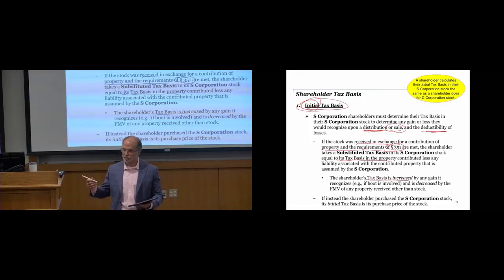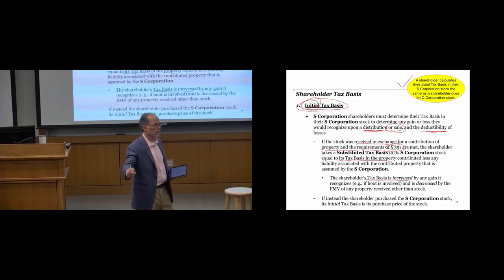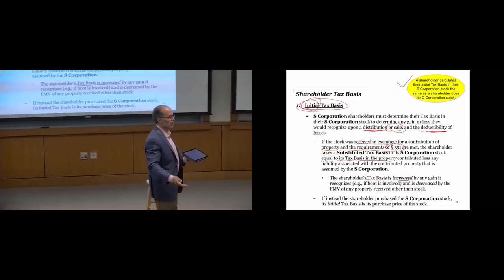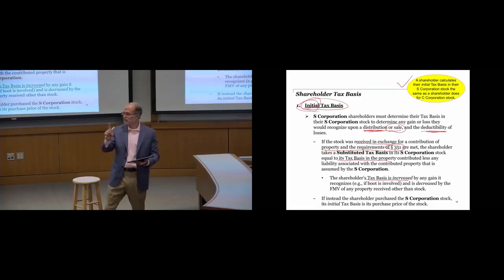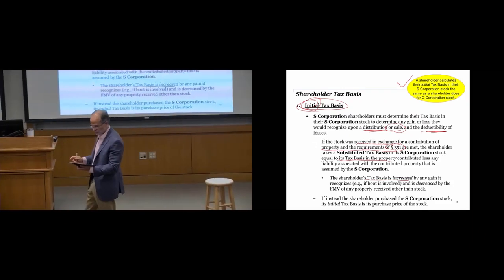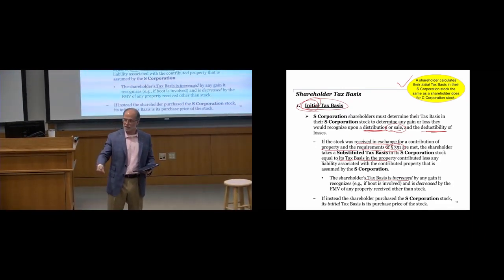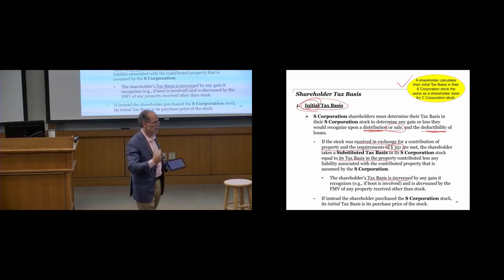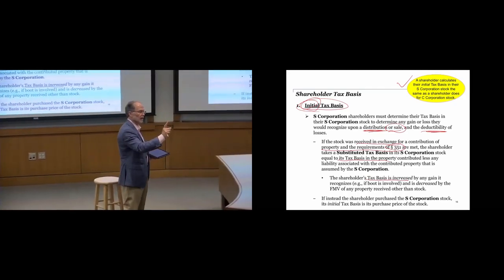Those are the same rules I put in the bubble here as the C corporation rule. So you can kind of see why the S corporation is a hybrid. It's kind of got features of both. It just depends on where you are in the particular rules as to what you're doing. But the formation requirements and the implications to the shareholder and the corporation are the same, C corporation, S corporation, and whether it has boot involved or not.